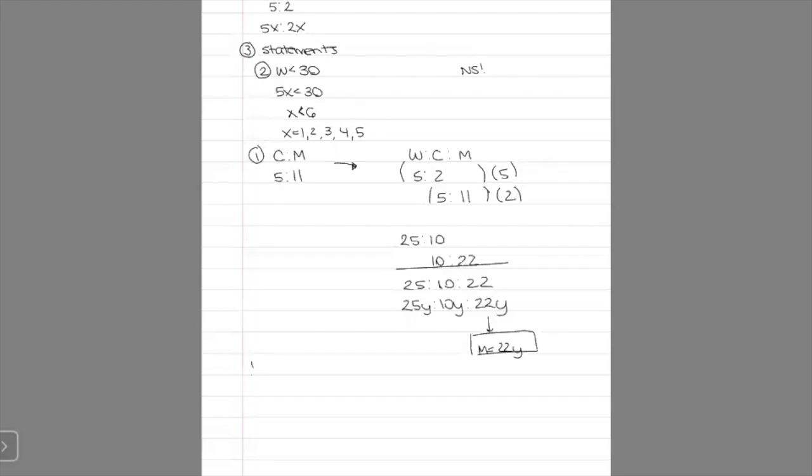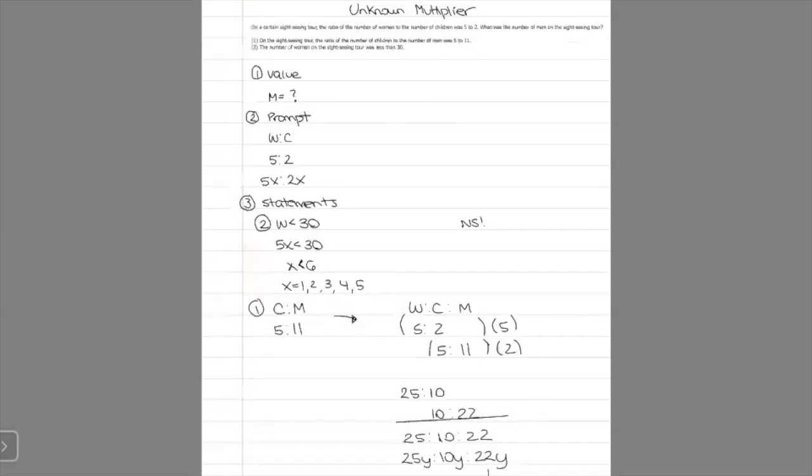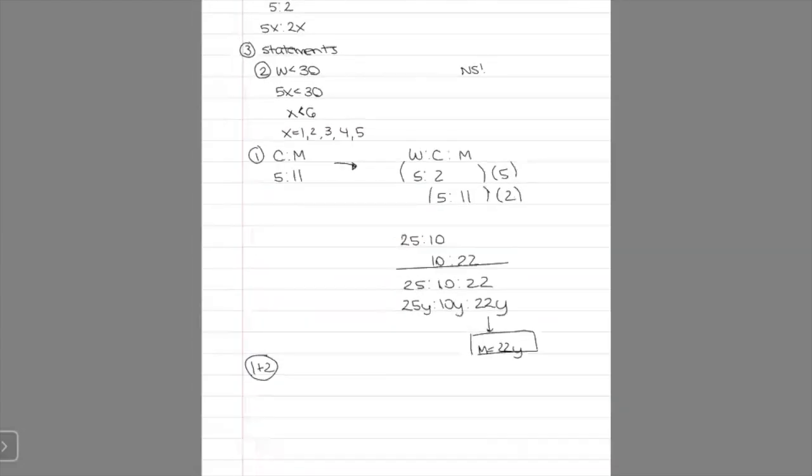So if we now put the statements together, statement 2 told us that the number of women was less than 30. So the number of women is now this one, if we use the other statement. And if 25Y is less than 30, remember that the unknown multiplier has to be 1, 2, 3, 4, 5, and so on.